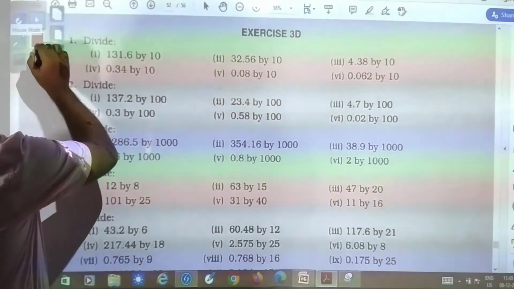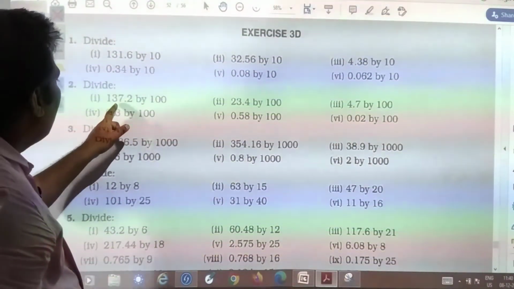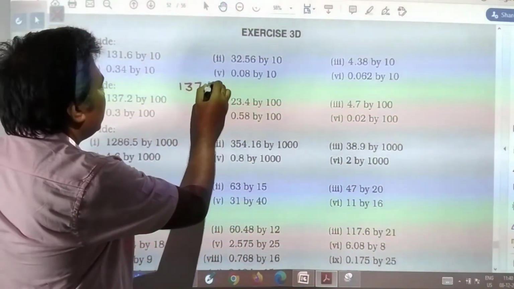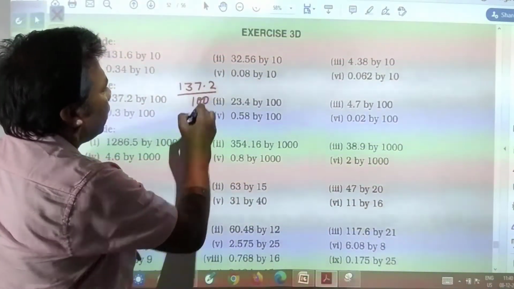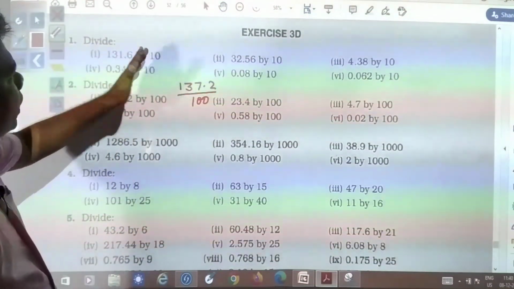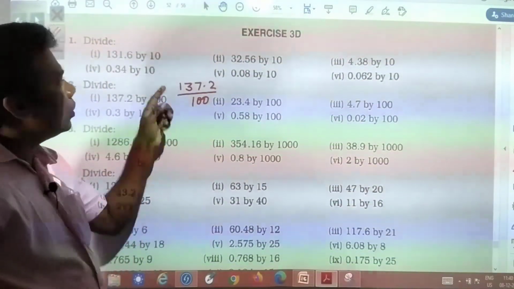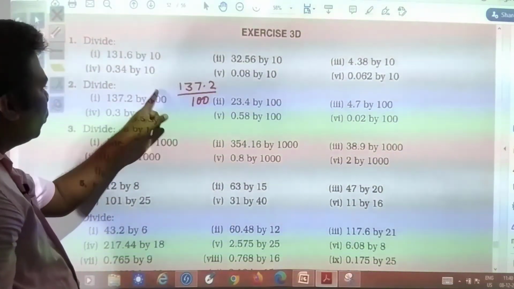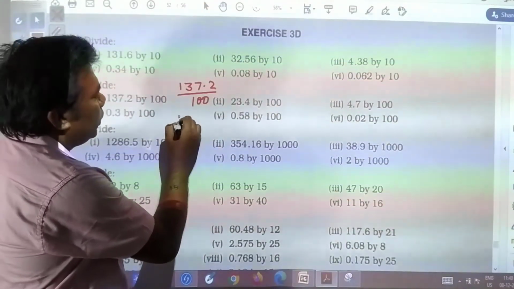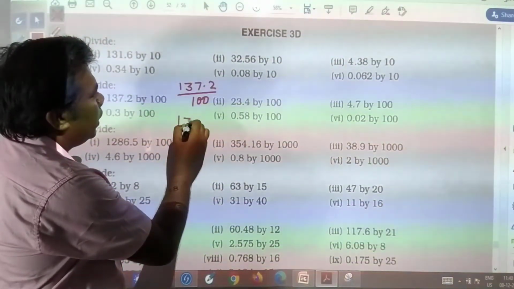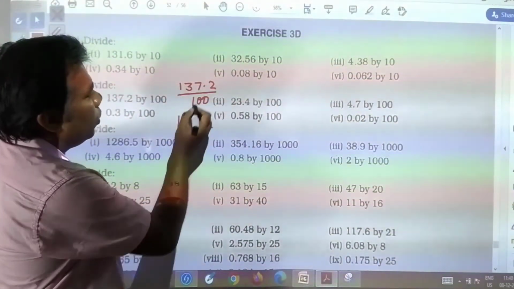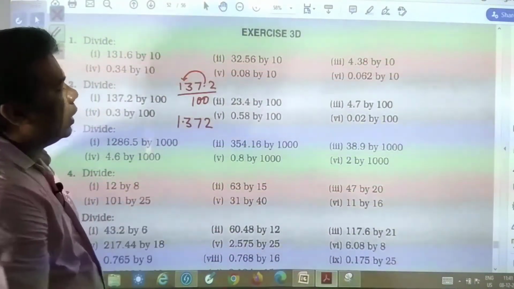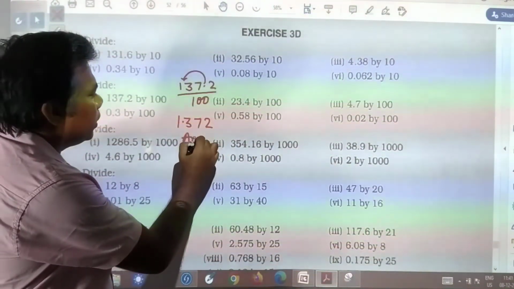Second question you see, 137.2 divided by 100. In the first question, by 10 you had to divide, so one place you moved to the left side. By 100 if you are dividing, two places you have to move, so this will be 1372, the point will come over here, so this will be 1.372, and this will be your answer.